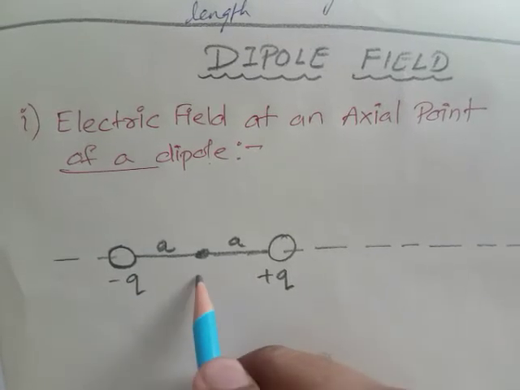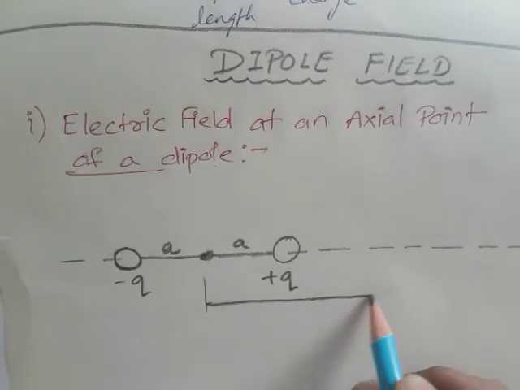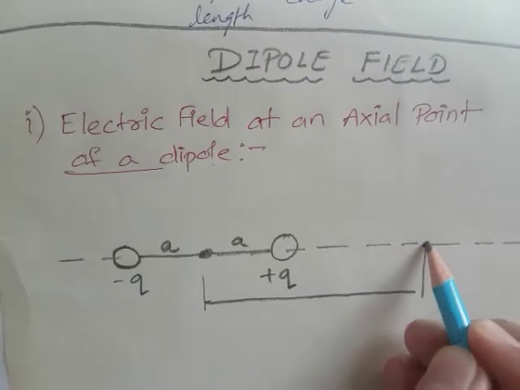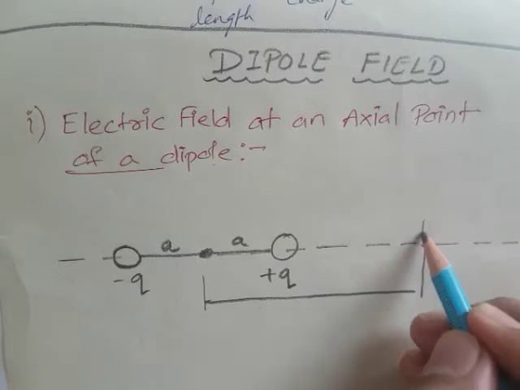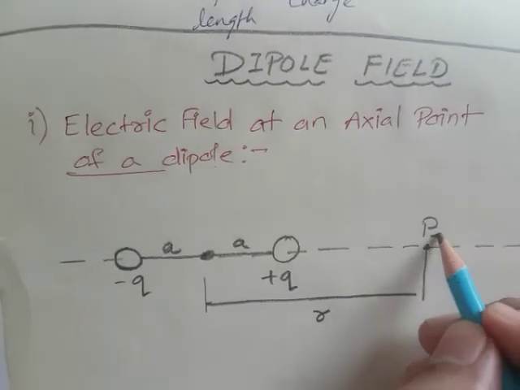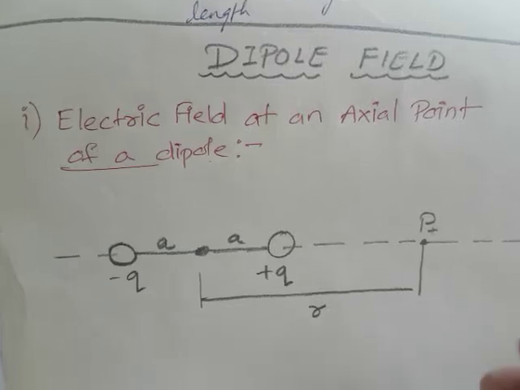Now from the center at a distance r, we take a test charge at point P. The distance is r. It is a positive test charge.